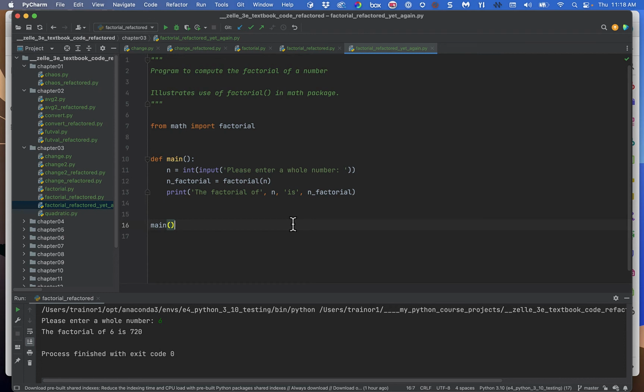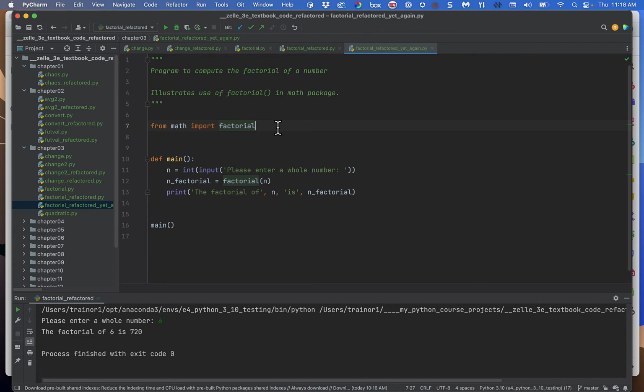So what do you have to do to be able to use it? Well, first of all, you have to import math. The examples in the book were just saying import math.